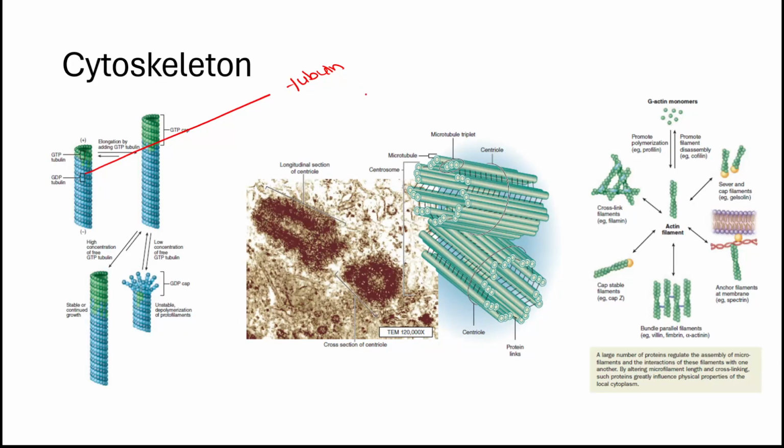It is involved in formation and destruction as well as reformation in a very cyclic manner. Therefore, it has this dynamic structure. The dynamicity is maintained by the action of GTP as well as the processes of polymerization and depolymerization.